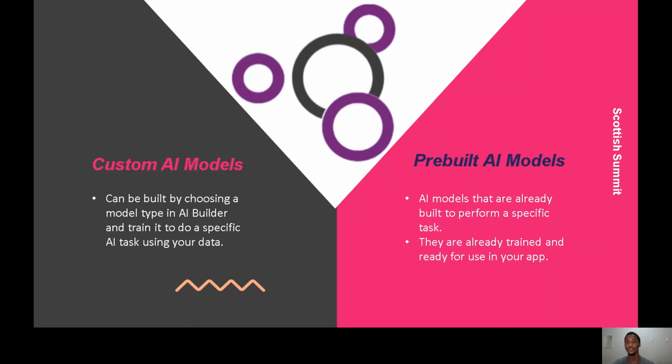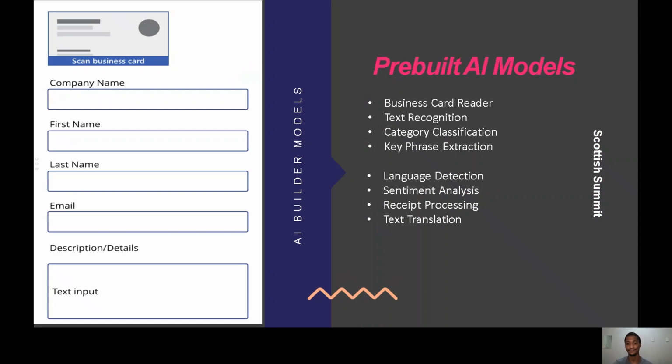So you have to train it over and over again. When we look at pre-built AI models, we look at trained dogs, canine dogs, the ones that are used with the police. They're already trained. So they listen to every single task that you have for them. So they're already trained for you.